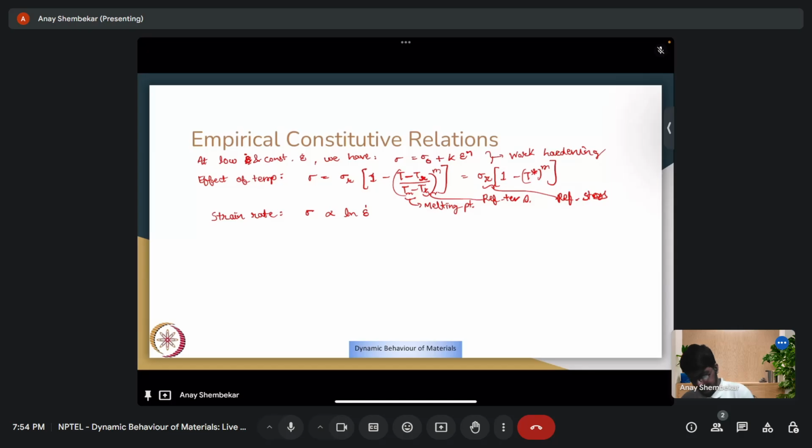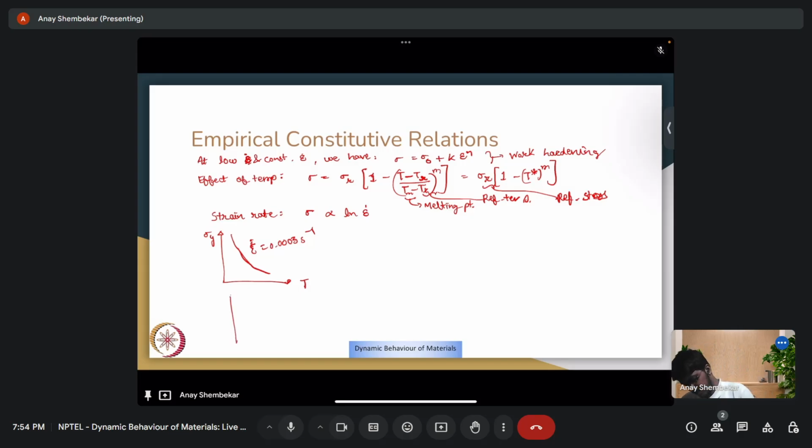So combining all this, suppose I were to plot, I'll give a couple of plots here. See yield stress again as a function of temperature, with epsilon dot equal to 0.003 per second. You can see that it follows that 1 minus T star raised to m sort of path.